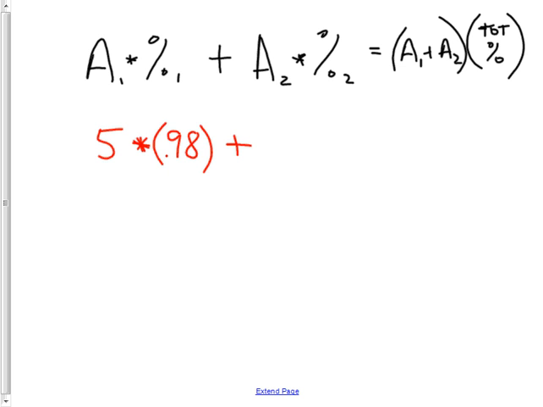I really like it at 99%, but my pop has been watered down to 98%. But do you get that I could add pure pop to it, and it will increase what percent my pop is? If I add in pop right out of the can, it's going to make it a higher percentage pop. So I add an amount, and I don't know how much to add of pure pop. So what do you think I should put for my amount 2?